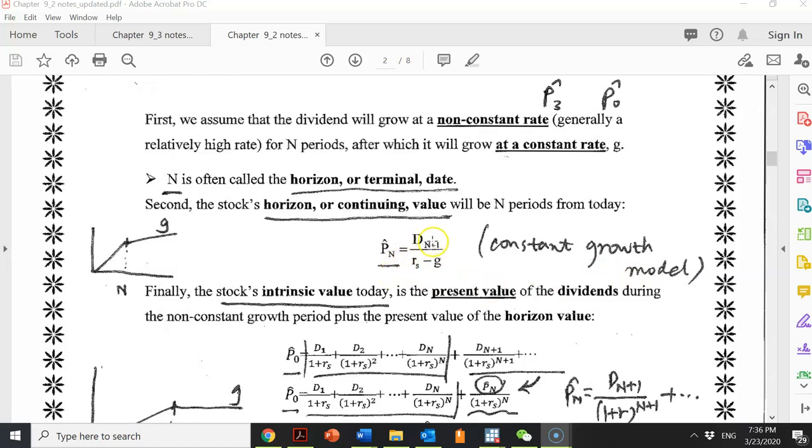It is Dn plus 1, the dividend given next period, divided by R minus G. G is the growth rate in the second period, or the second stage, and it is constant forever from date n.